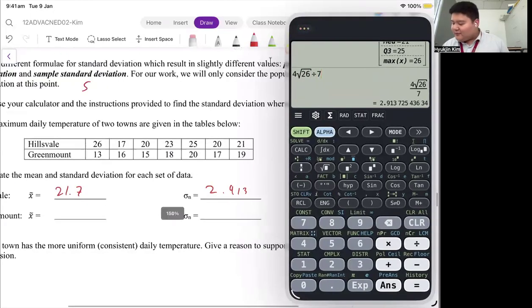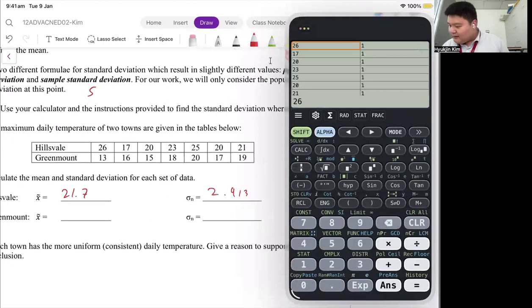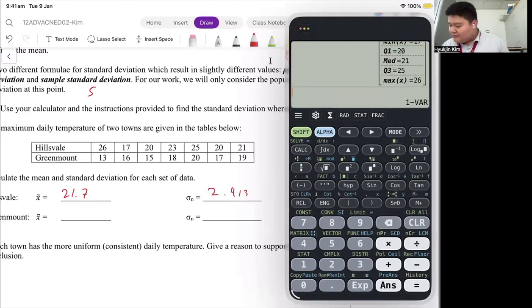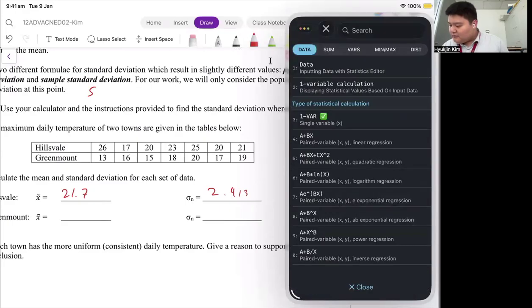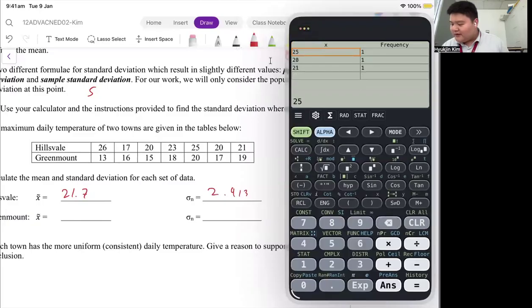Now, let's have a go at the next data. Inputting data, clear. Oh, this is the only way to do it, it seems. Sorry, guys, I've never done this on this calc. Calc is a slang for calculator.